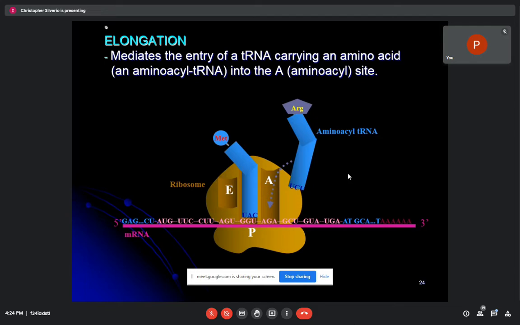If I may ask, how come GGU is the codon of UAC? Is that the codon of UAC? Can you see that?